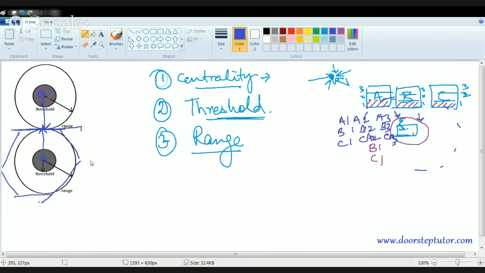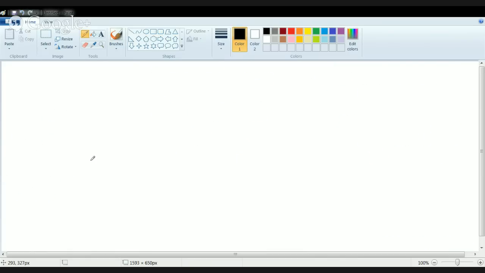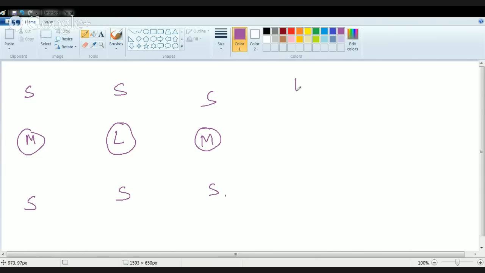Now, before we go on further, let's understand the model of central place theory in very, very simple terms. So you have a large center here, you have two medium centers, and I can say 6 small centers here. Now, for the large center, the medium centers, and the small centers, I am mentioning the facilities available at all these centers.